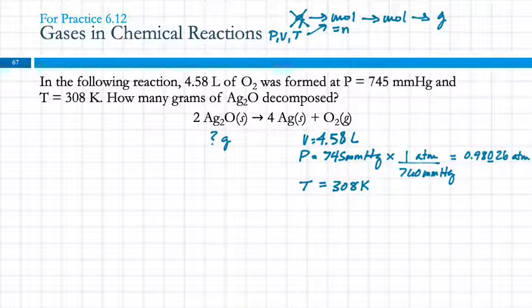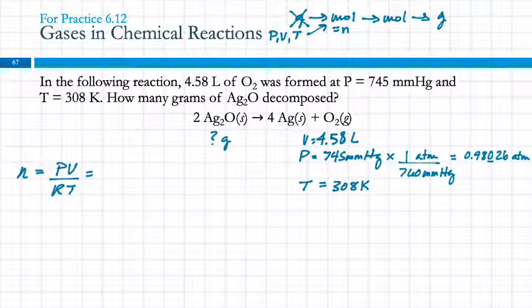So I need to get the number of moles of oxygen. So I'm going to use the ideal gas law. N equals PV over RT. So the pressure, I converted it on the side.